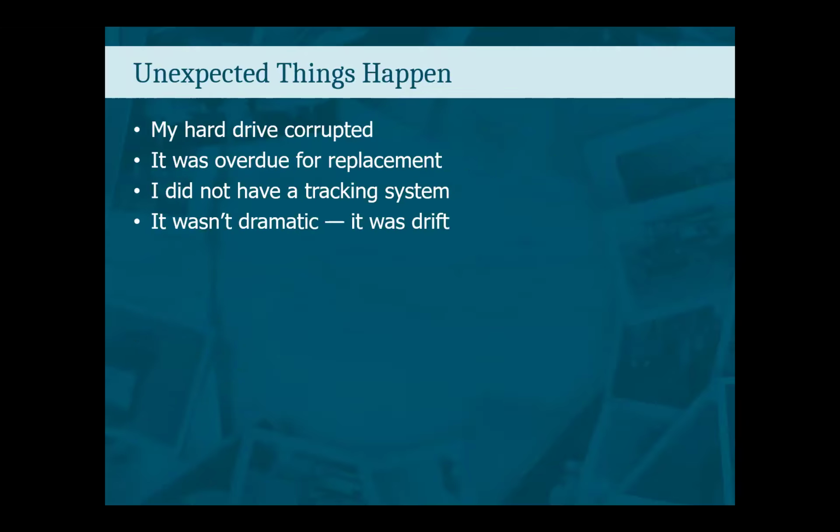Just to remind you, last fall, one of my hard drives failed, and it kind of gave me warnings. In retrospect, I realized that that was the case. But what was really surprising to me is that it was overdue for replacement. I had not paid any attention to the date that I got the drive, or to the fact that there was a manufacturing date actually written on the drive. Even if I had, I didn't really have a way of tracking it.